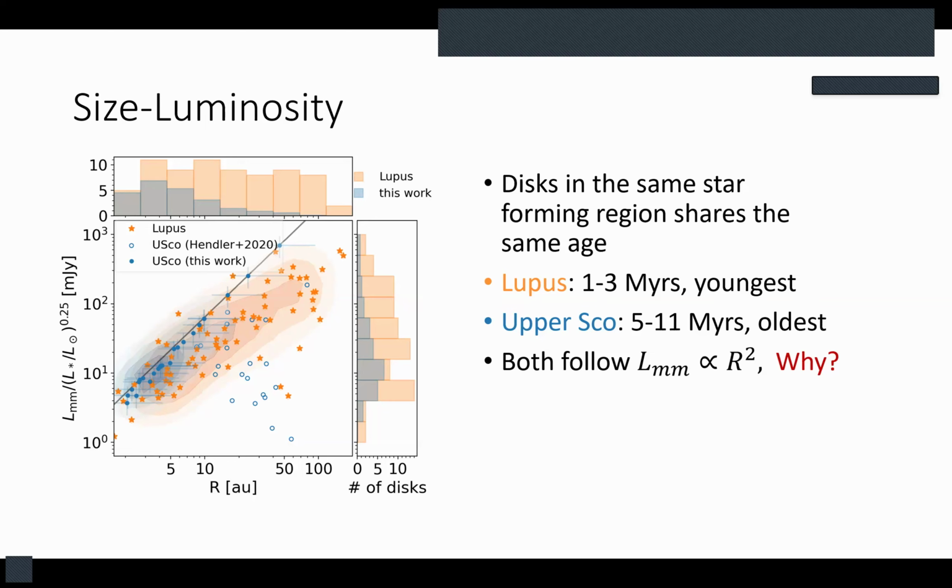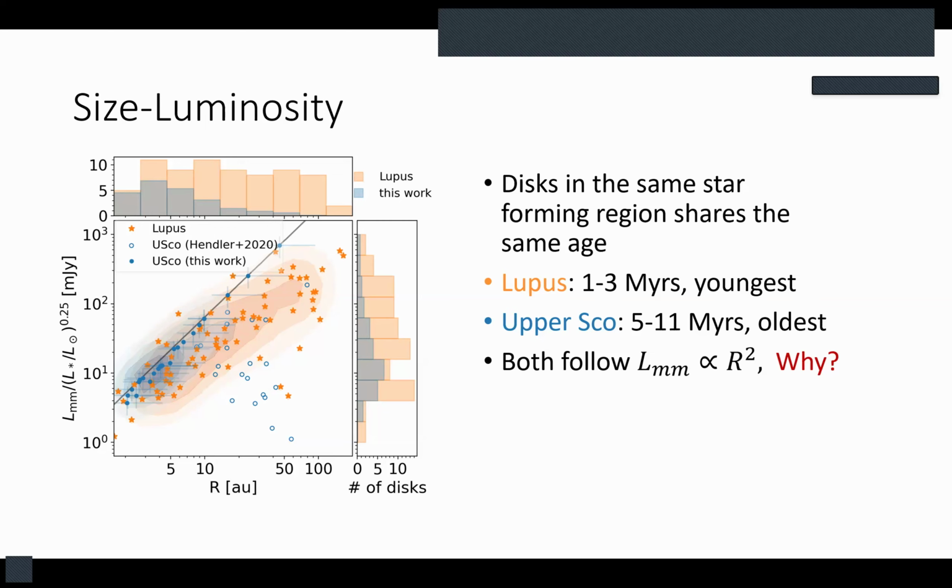They are representative because Lupus is one of the youngest, with an age of only 1 to 3 million years, and Upper Scorpius, on the other hand, is more than 5 million years old. For reference, the typical lifetime of a disk is about 10 million years, so these disks are in the late stage of their life.